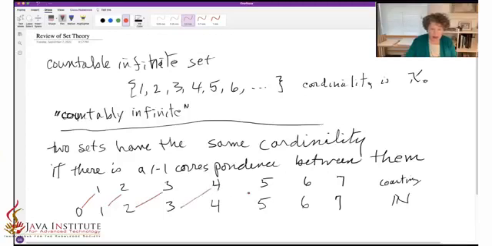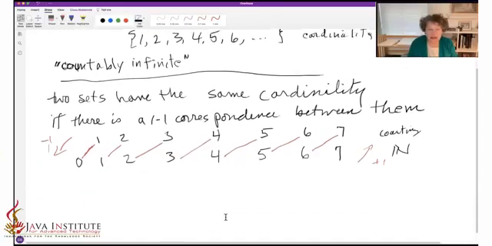I'm going to do a one-to-one correspondence, and the rule is I take whatever number I have here and subtract 1 if I want to go this way. So here I subtract 1, and if I want to go this way, I add 1. So I know there's a perfect one-to-one correspondence. So we say they have the same cardinality.